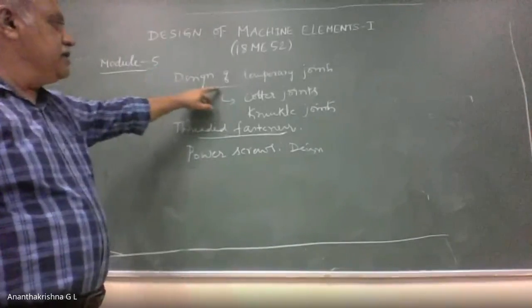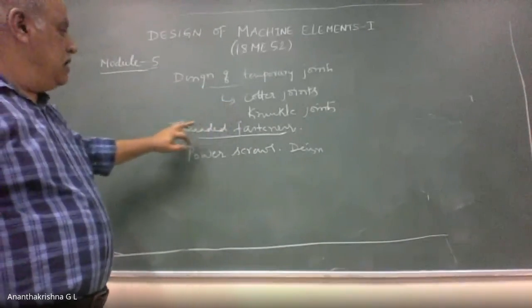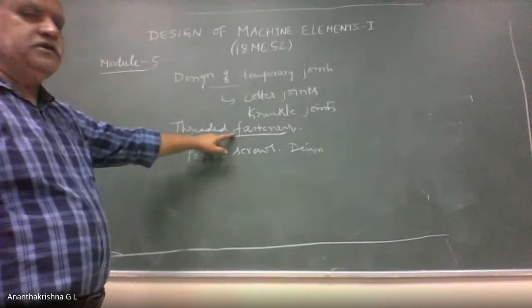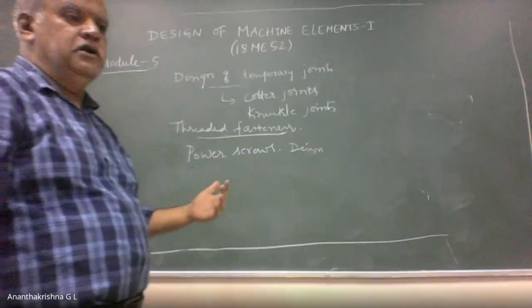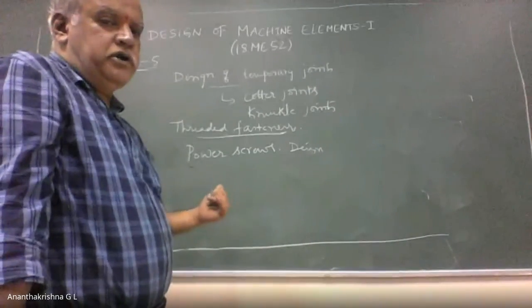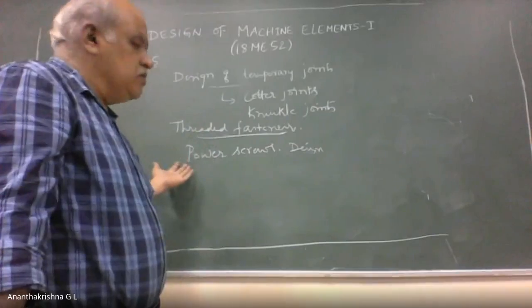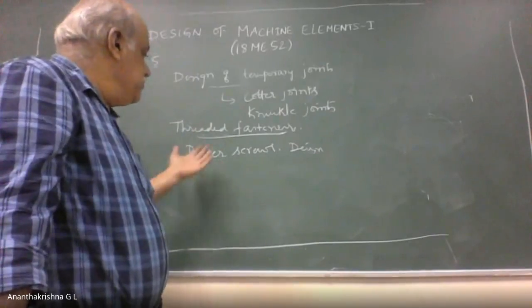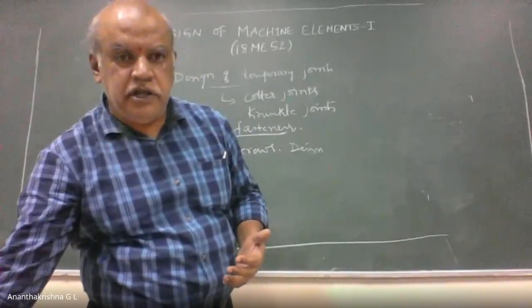One is design of temporary joints. After that, we are going to learn about quarter and knuckle joints, and then we are going to learn about threaded fasteners, wherein we learn about effect of initial tension, and then bolted joints subjected to various types of loadings, including dynamic loading and impact loading. And then we are going to learn about power screws, wherein we are going to learn about the thread terminology.